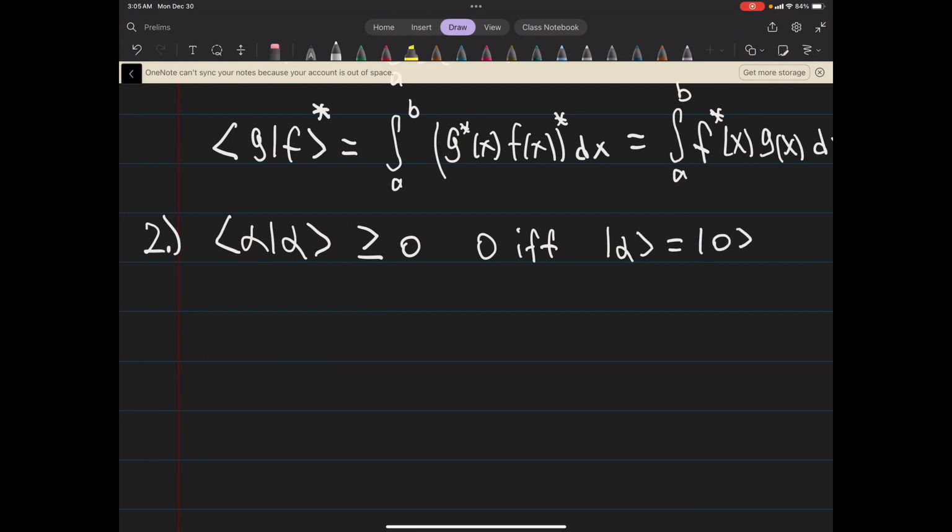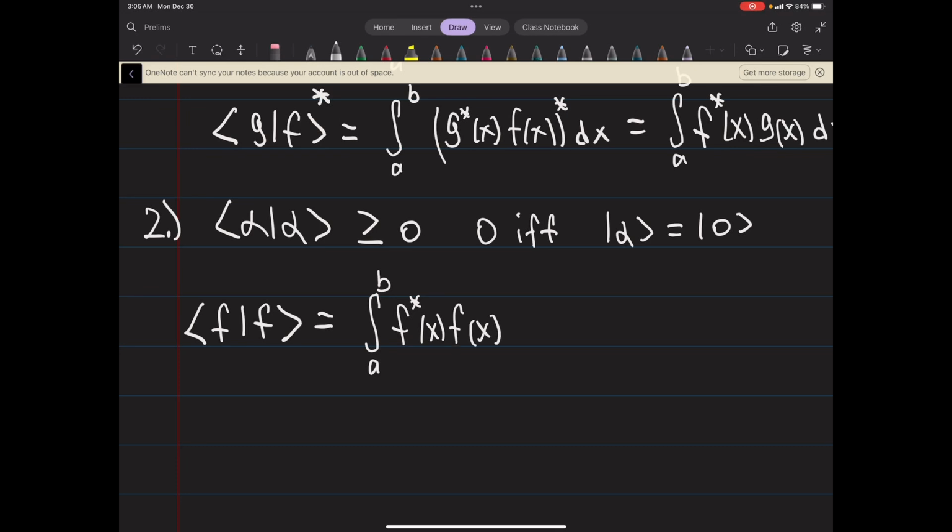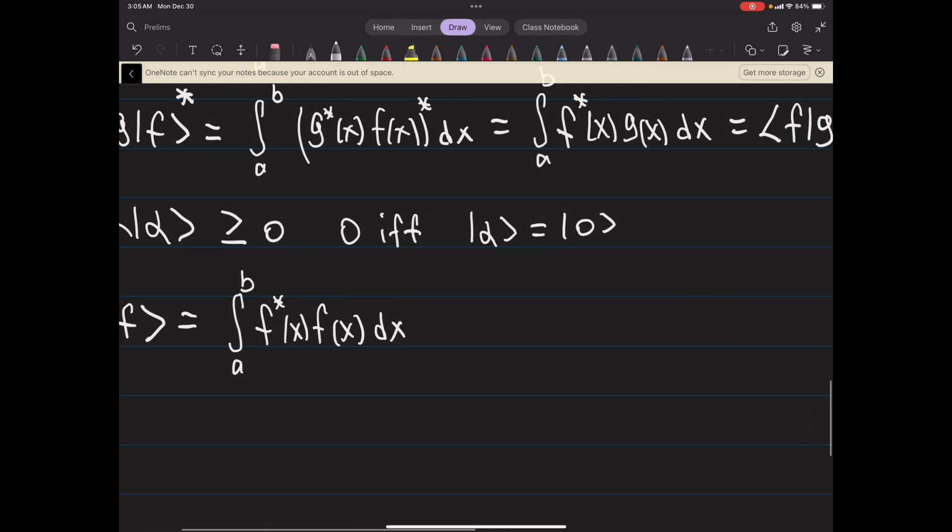Okay, so let's take the inner product of two identical vectors. That's what 3.6 tells us to do. And this is, of course, just the integral of the modulus squared of f of x.